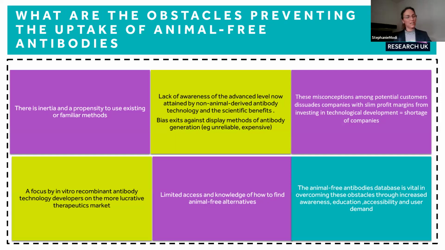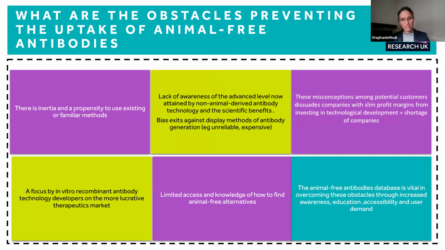So if there's all these benefits, why are people still using animal-derived antibodies? So one of the reasons is that if scientists are used to using a particular antibody that is working for what they want it to do, there's an inertia and a tendency to use what you're used to.